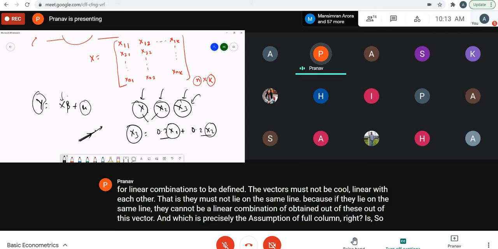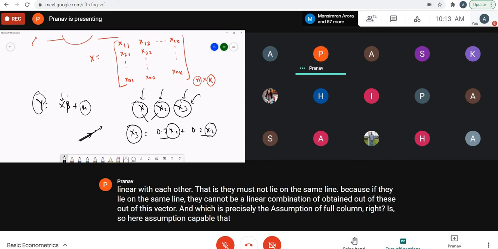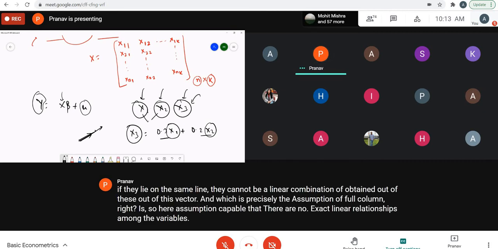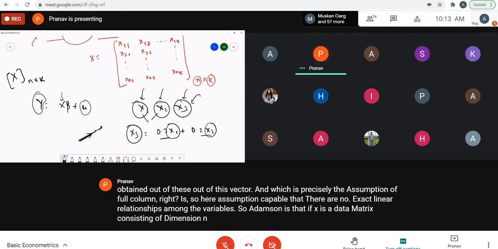So what does this assumption say? That there are no exact linear relationships among the variables. So the assumption is that if X is a data matrix of dimension n by k, then this X has a rank of k.